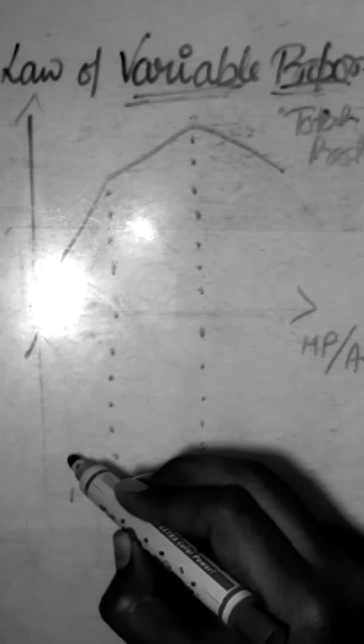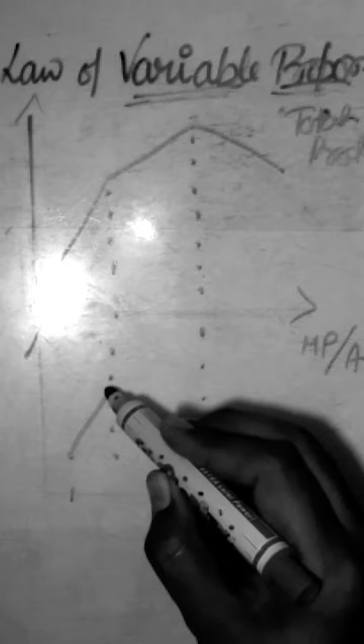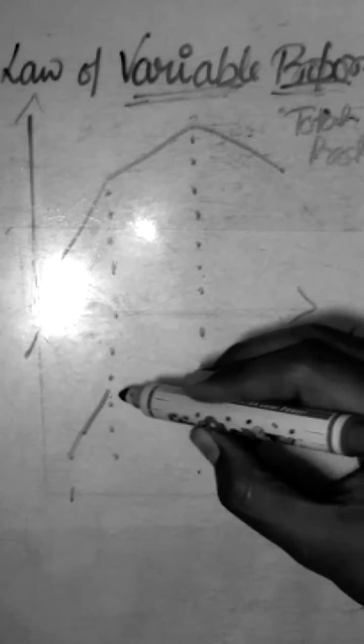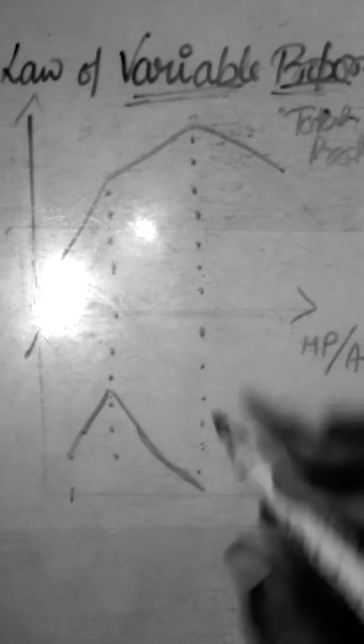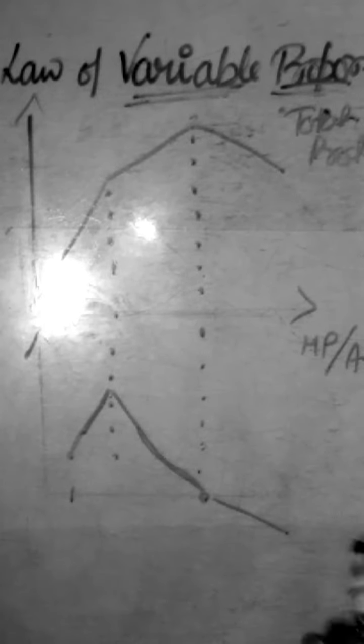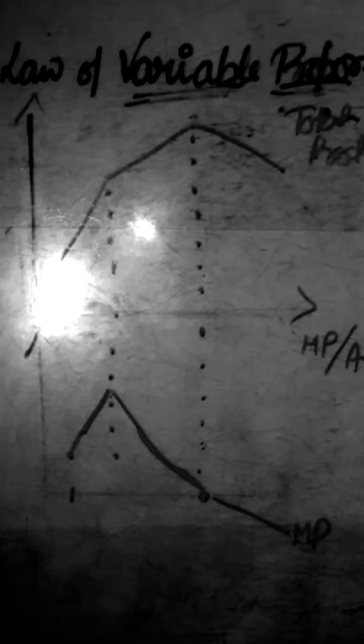Marginal production first increases at an increasing rate, then starts falling, becoming zero, and then negative. That's marginal production.